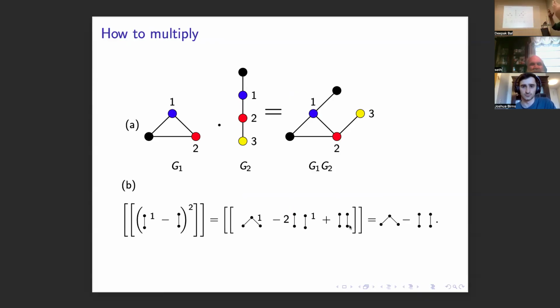The notation developed in that 2018 paper is that if you put two square brackets around it, it means that after you do all the algebra, take all the labels off, so it looks anonymous again. You can see that this vertex is labeled 1, and this vertex is labeled 1. Then we erase all the labels and we collapse it.